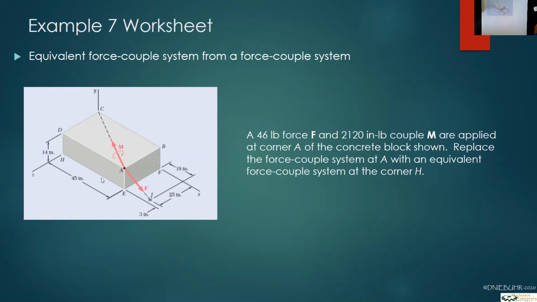The only difference with this one now is that once you get that moment from H to A, you now have to add this moment to it also, because it's a vector, you can add it. So your final answer is going to be this force, the moment that you got from moving this force over to H, plus whatever the components are of this moment.